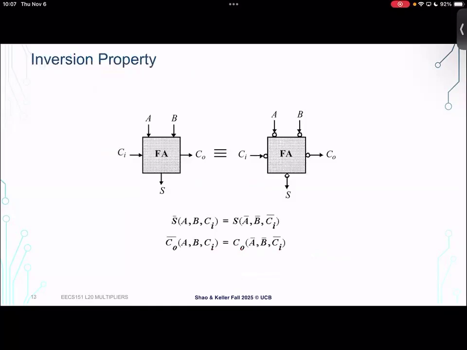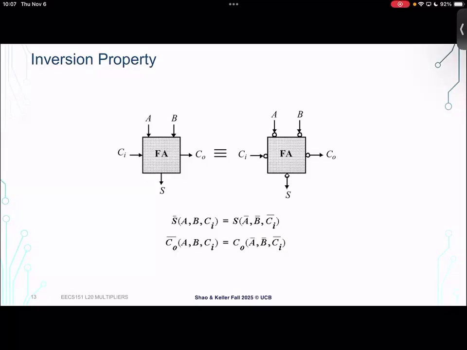We can make some at least minor improvements to the ripple carry design. One nice property of the full adder cell is that it's symmetric on its inputs. And so that means it has this inversion property that the sum of the inverse of the inputs is equal to the inverse of the sum.